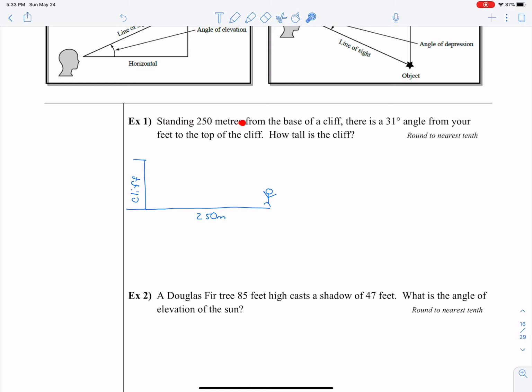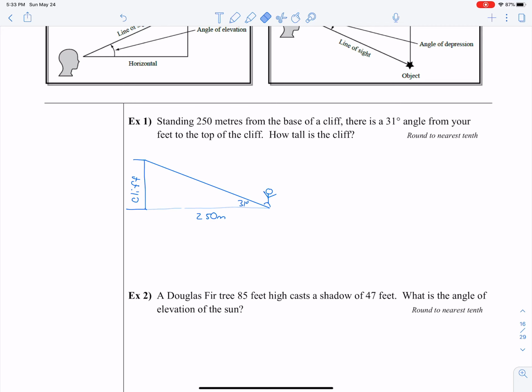Standing 250 meters from the base of the cliff, there is a 31-degree angle from your feet to the top of the cliff. Like this, okay? And almost always in these cases, you want to put the angle here. So the 31 goes here.